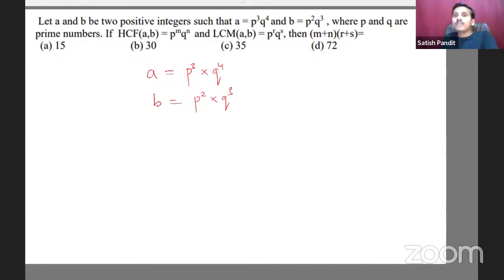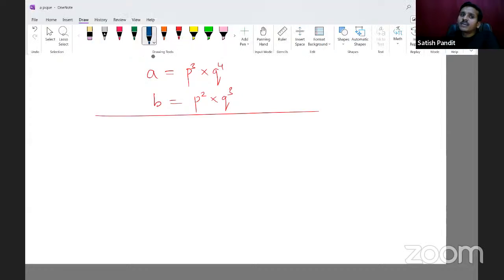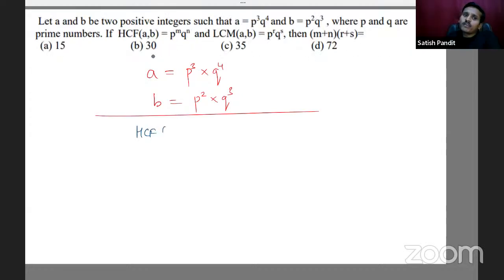Where P and Q are prime numbers. If HCF of A comma B is P to the power M, Q to the power N. See, what is the HCF of A comma B? To find the HCF, we take common first and put the lowest power, so P to the power 2 and Q to the power 3.